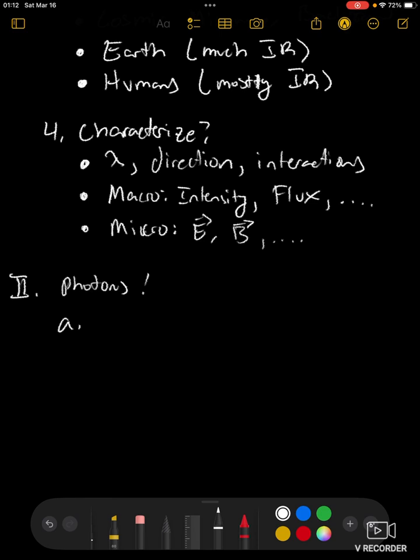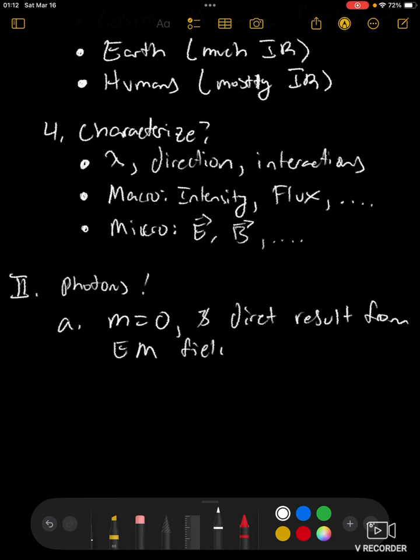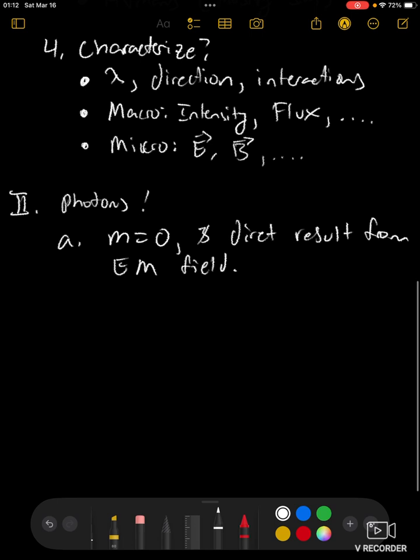Some things about photons are that they are massless, so mass equals 0, and they are a direct result from the electromagnetic field. In fact, to talk more about that, photons are gauge bosons.